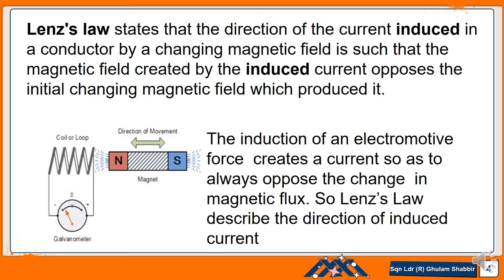It should attract the north pole, not allow it to move away. So the attractive force should be there, so a south pole should be on the front. This is how the direction of the current can be determined with the help of Lenz's law. So the induction of an electromotive force creates a current so as to always oppose the change in magnetic flux. This is described by Lenz.